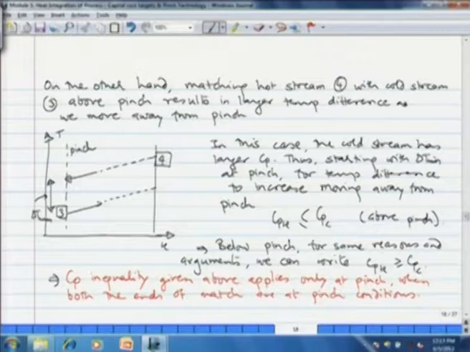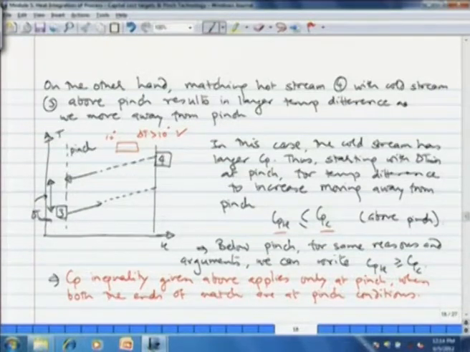That means, if we place a match between 3 and 4, the temperature difference at the left end will be 10 degrees centigrade, which is delta T min, and at the right end the delta T will be greater than 10 degrees centigrade, which is allowed, which is permitted. Therefore, we get one constraint: above pinch, the Cp of the hot stream should be less than or equal to the Cp of the cold stream.